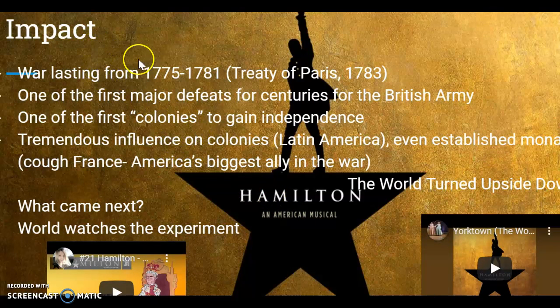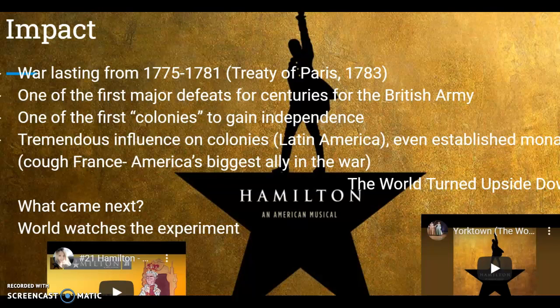So, what was the impact of the revolution? Well, the war lasted from 1775 to 1781. It was kind of back and forth. Britain seemed like they were doing really well at first. The Americans had a couple of surprise victories, like when Washington crossed the Delaware on Christmas morning in 1776. And then, of course, once the French came, you had a lot of financial assistance and military assistance.